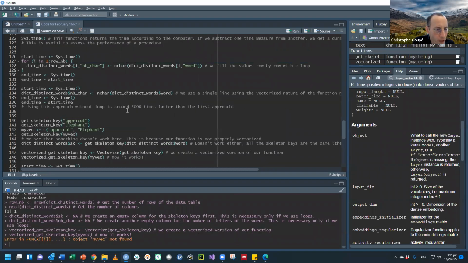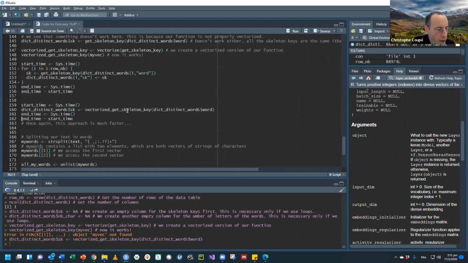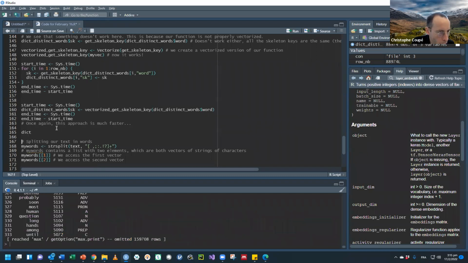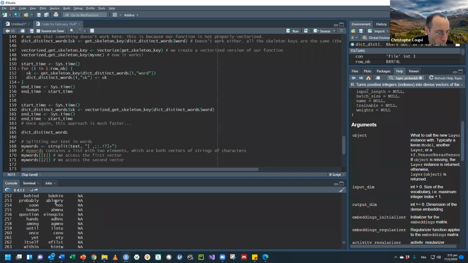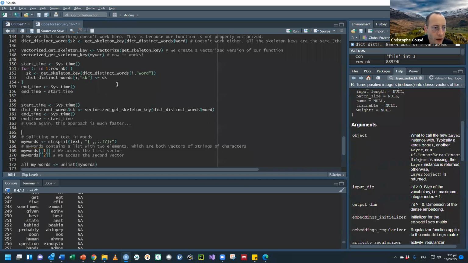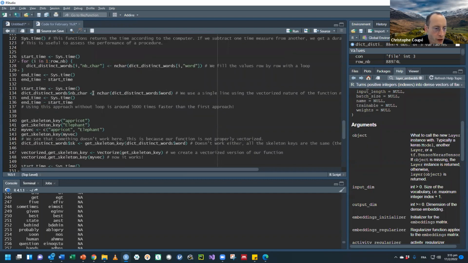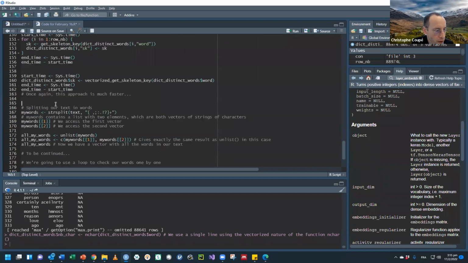It takes a few seconds, and then we have our dictionary, our final dictionary, and all the skeleton keys. That's good. And we can also enter the length of the words, how many letters. And then we split our words.